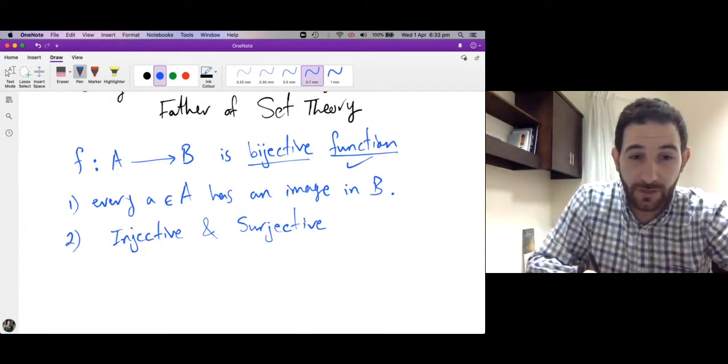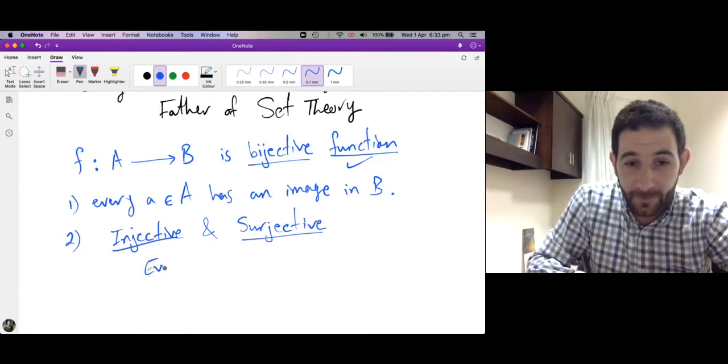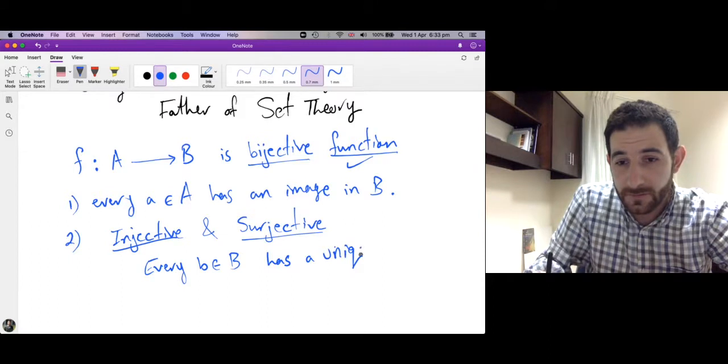So these two together, injective and surjective, means every b in B has a unique pre-image in A, right?